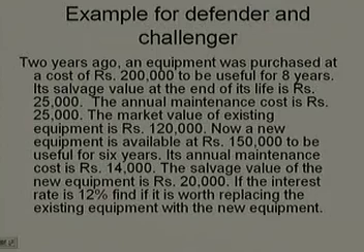Now, in the analysis, please do not take sunk cost into consideration. What would be the sunk cost in this example? You purchased the equipment for 200,000 and now its market value is only 120,000. So, your sunk cost is 200,000 minus 120,000, that is 80,000.